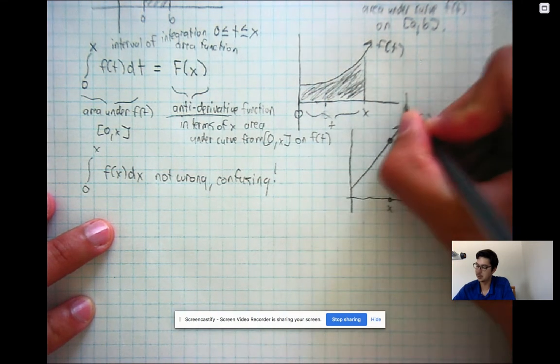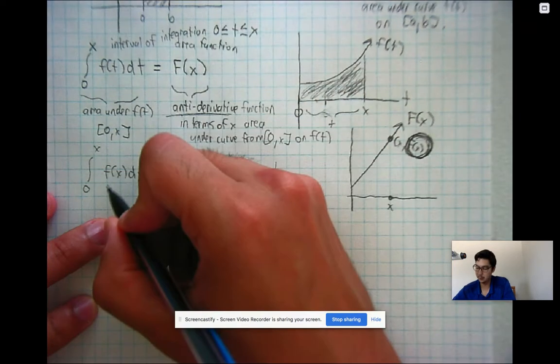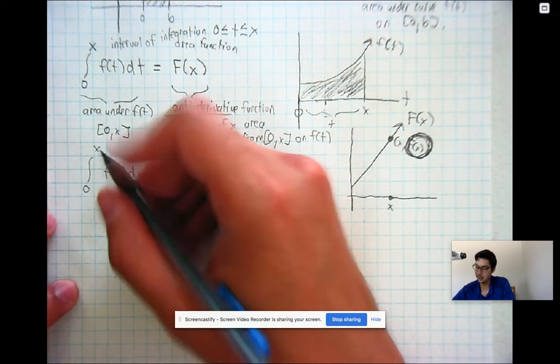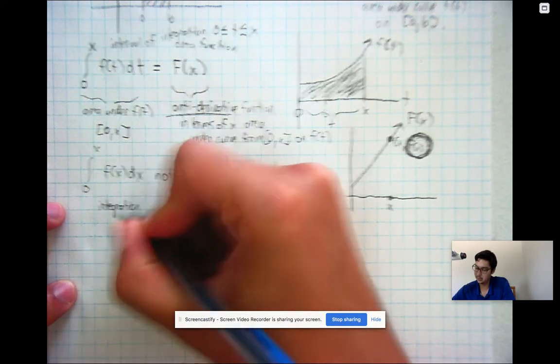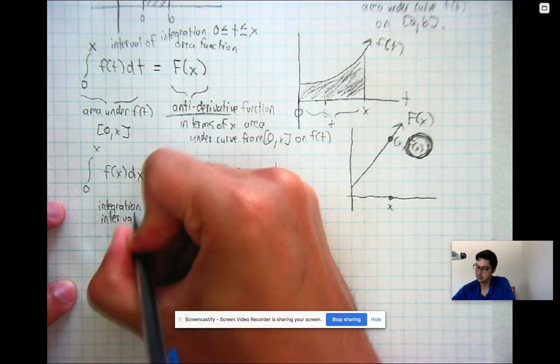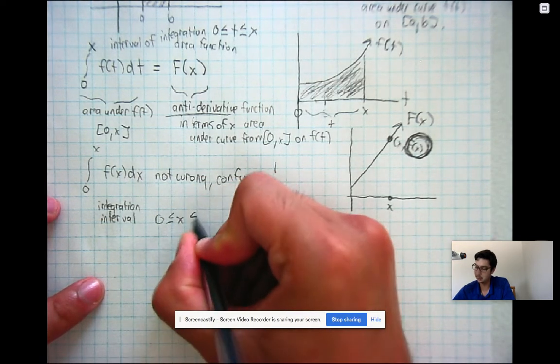Because this was in terms of t. And that makes sense. If you apply that here, you're saying, okay, we're looking at the integration in the interval where x, the function x, has to be between 0 and x.